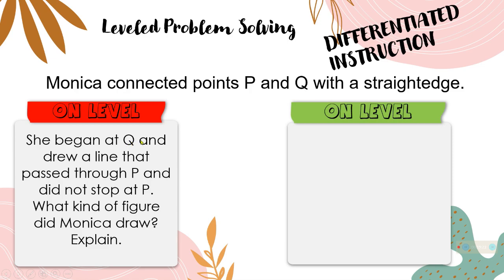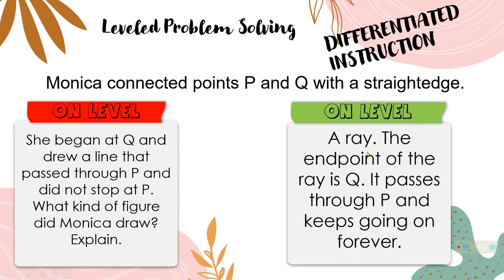She began at Q and drew a line that passed through P and did not stop at P. What kind of figure did Monica draw? Explain. Correct, that is a ray. The endpoint of the ray is Q. It passes through P and keeps going on forever. That's why it is a ray.